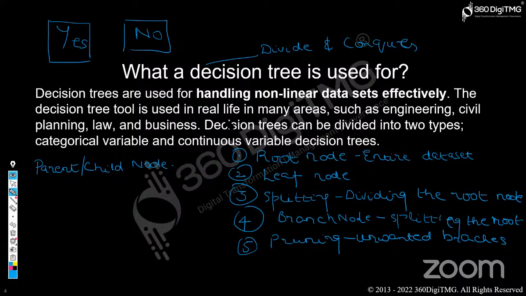The root node of a tree is called your parent node. This is your parent. The other nodes that we have are nothing but your child nodes. So these are some of the terminologies that you should be aware of while dealing with the decision tree.